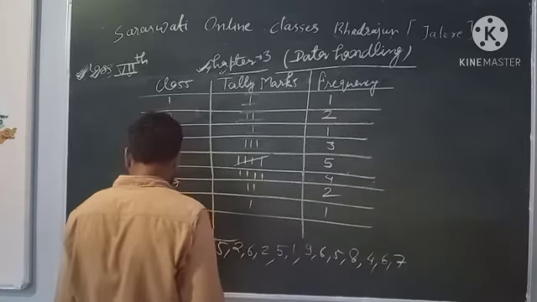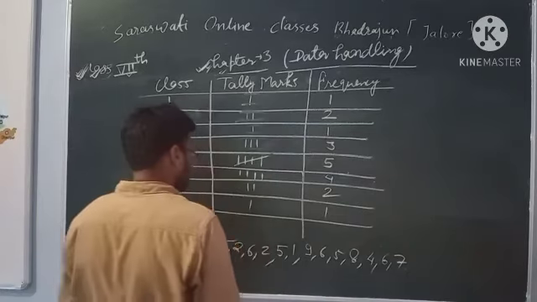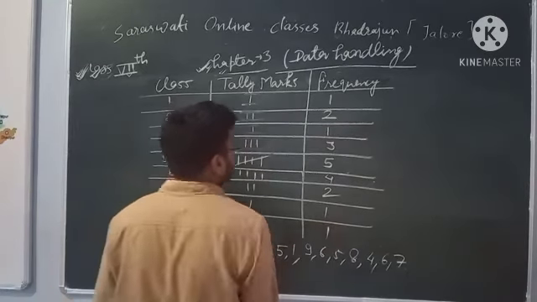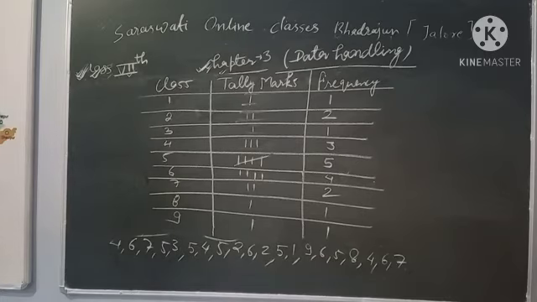How many times is 9 coming? 9 is coming 1 time only. Frequency is 1. This is our chart. Now I am going to rub this data and we will start.